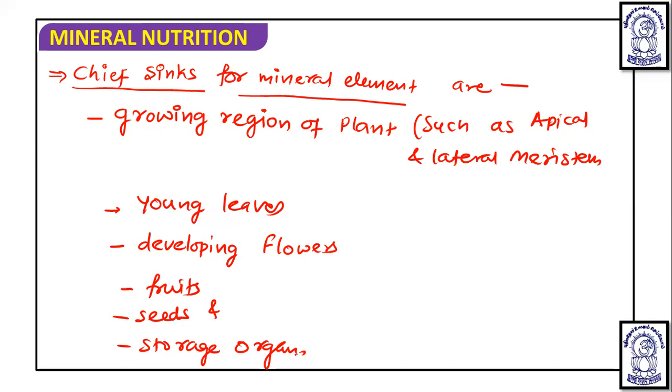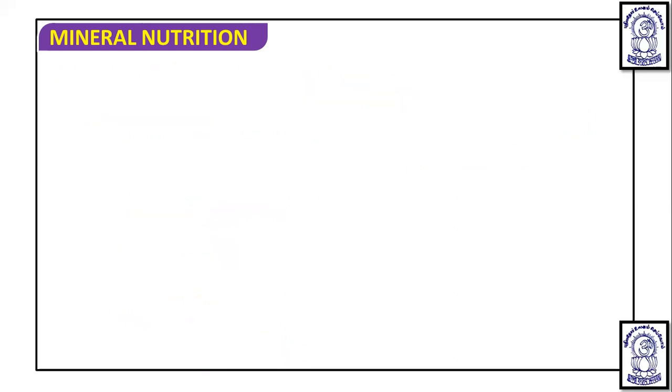When mineral ions are translocated, they are released in the cells of the leaf, that is, through the vein endings.